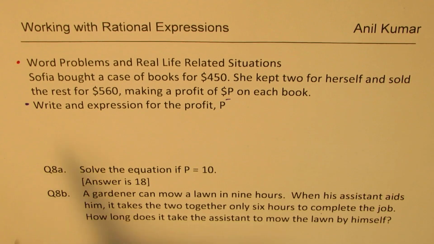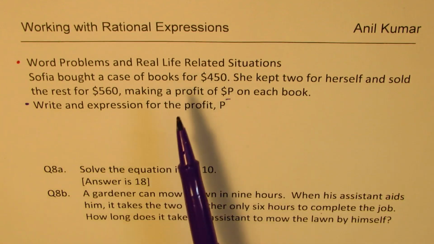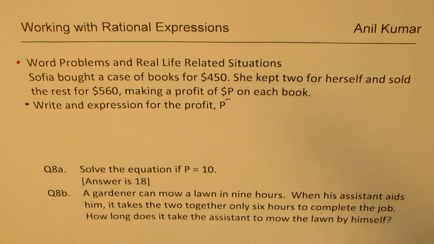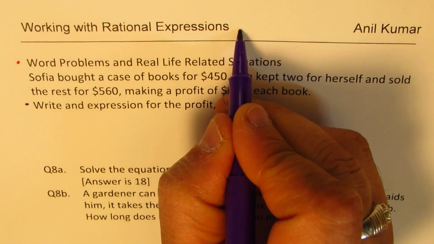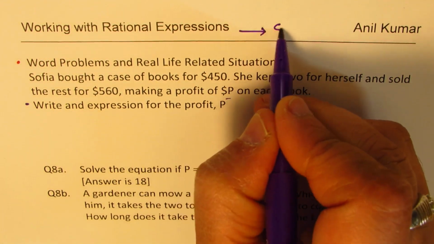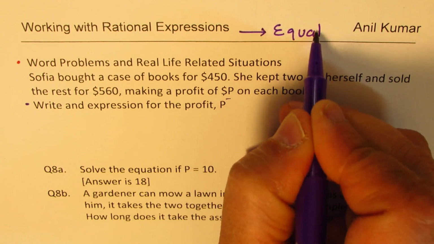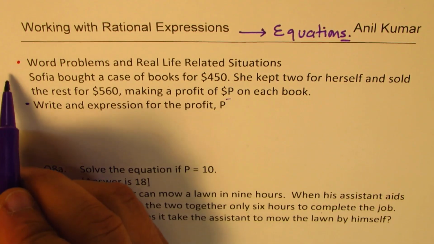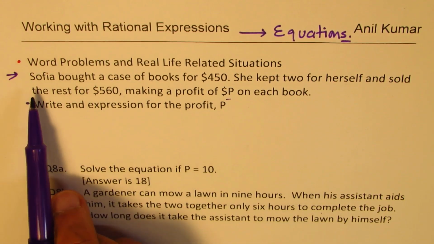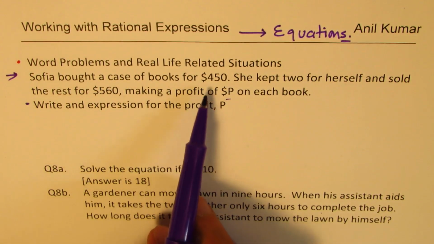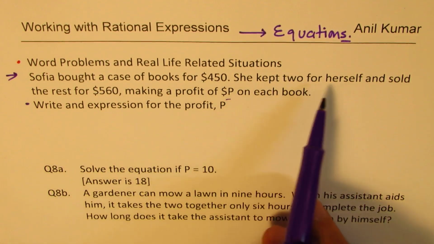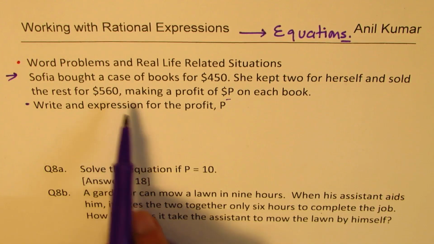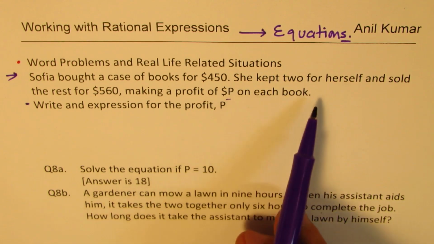Let's actually get to the equation part of rational expressions. We are talking about expressions, not equations. So we'll move to equations in the next chapter. Right? So that is why the question here is, Sophia bought a case of books for $450, kept 2 for herself, and sold the rest for $560, making a profit of P on each case.